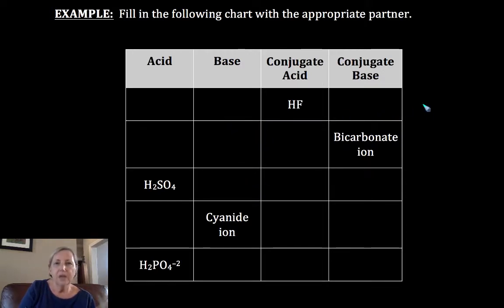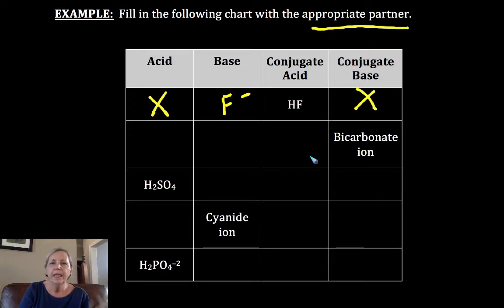Okay, so let's take a look. We're going to fill in this chart with the appropriate partner. So if I have a conjugate acid, conjugate acids came from bases, and that base must have been F minus. Conjugate acids don't have conjugate bases. If I have a conjugate base, in terminology, it does not have a conjugate acid.